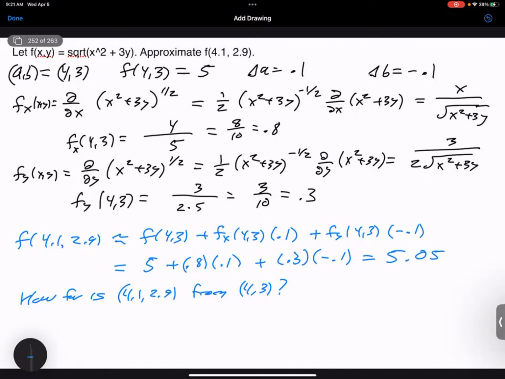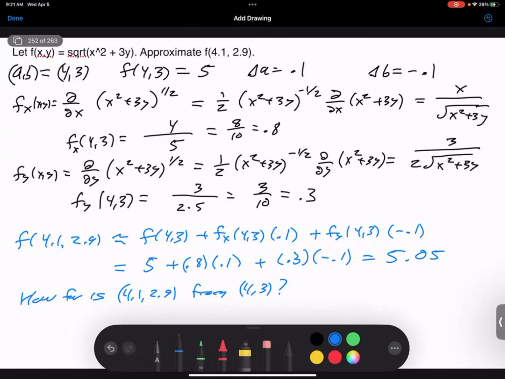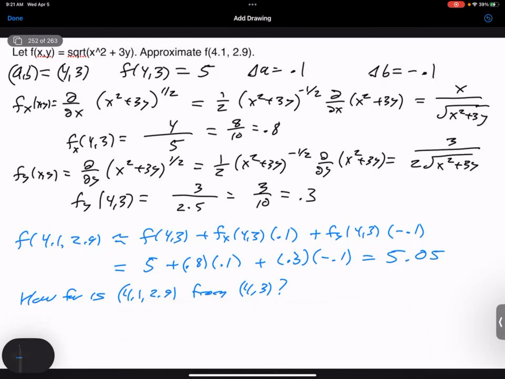So how would we figure out how far apart these are? It's going to be the square root of (4.1 minus 4) squared plus (2.9 minus 3) squared. That's how far I've traveled. So the first one is 1/10 squared plus another 1/10 squared.